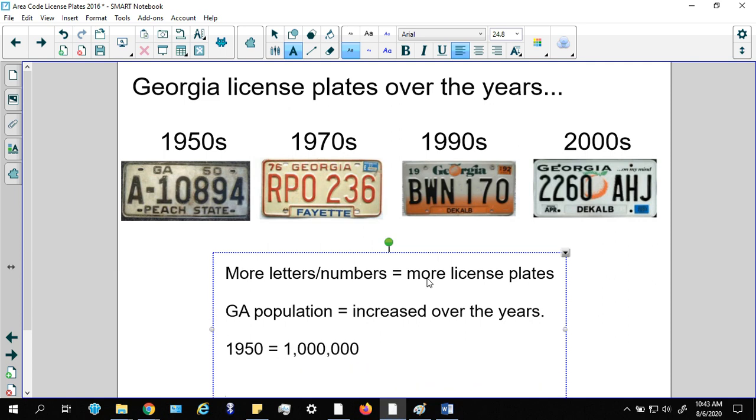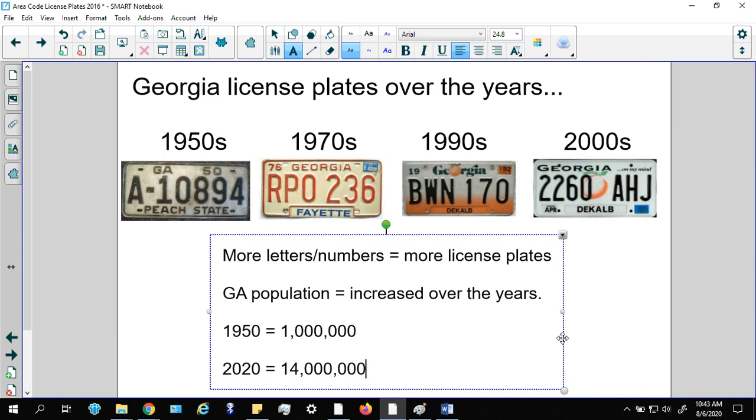In 2020, again, totally making this up, I think we now have 14 million people in the population. So when you have more people, you have to have more license plates in the context of this question.